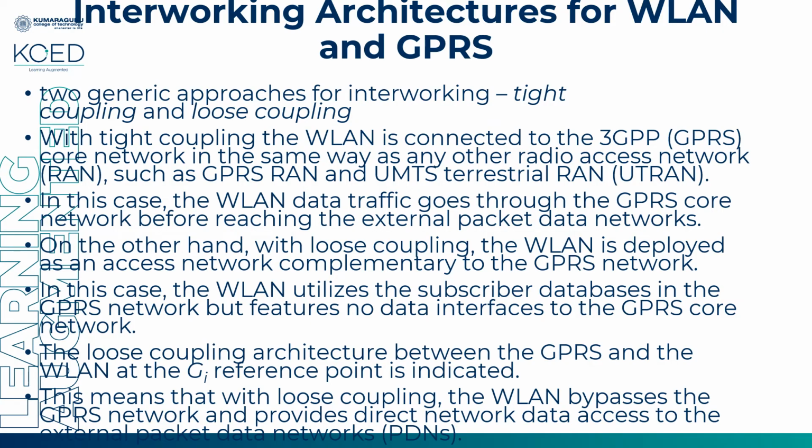So we have seen what is tightly coupled and loosely coupled. In the tightly coupled case, the facility must be integrated in the core network. In the loosely coupled case, you introduce another interface, such as a gateway node or any other interworking service, which can take the role of this interconnection.